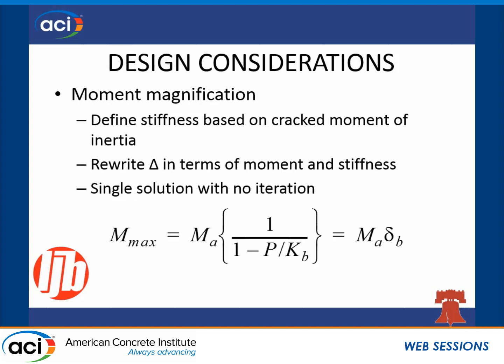The procedure in 318, though, involves more of a moment magnification method, where you define the stiffness based upon the cracked moment of inertia of that panel, and you rewrite your displacement, your delta term, in terms of that moment and stiffness relationship. It's important to note that with the moment magnification method, it's a singular solution. You don't have an iterative procedure.